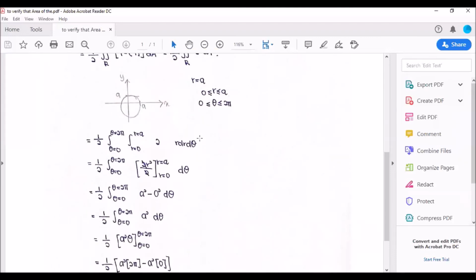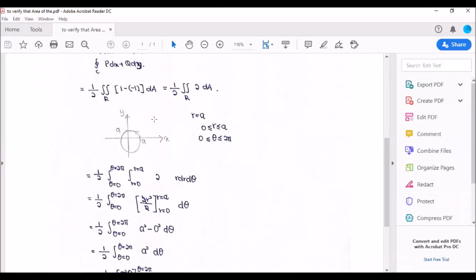So now let's move on to calculating this. From this formula, which is half double integral over a region 2 dA, we make it into the polar coordinate formula. We make sure the half is there and just write double integral 2, and remember to write r dr d theta because we are using a double integral.